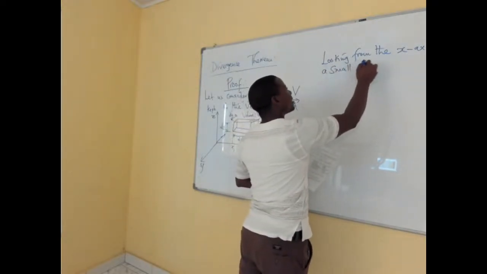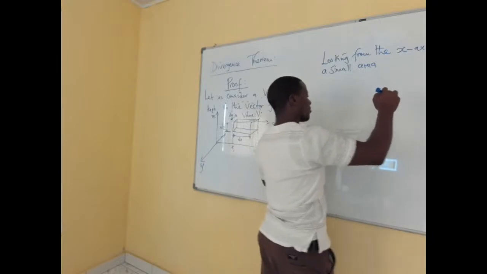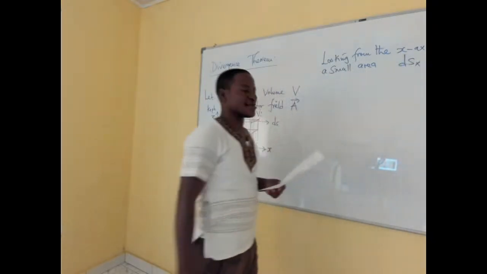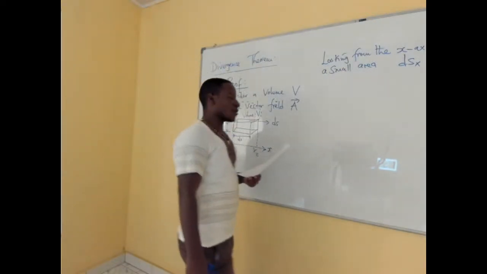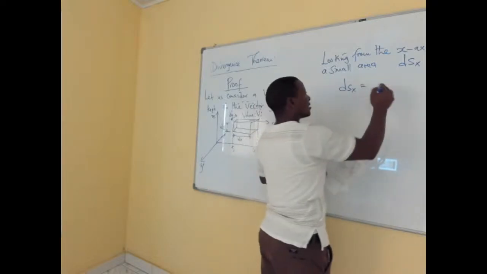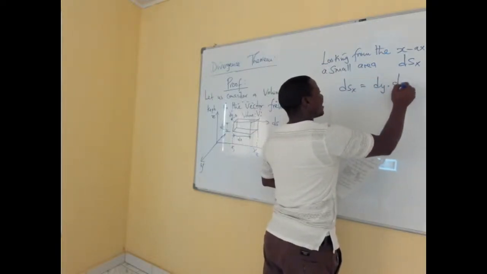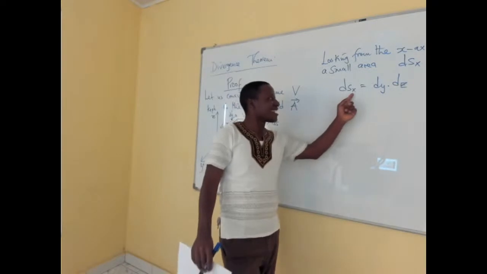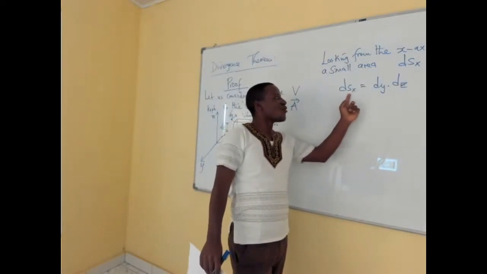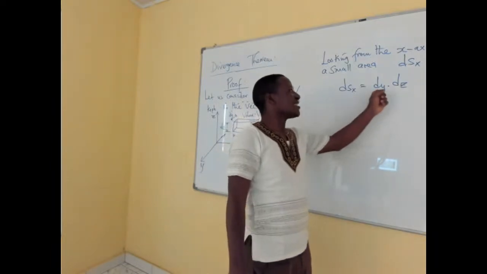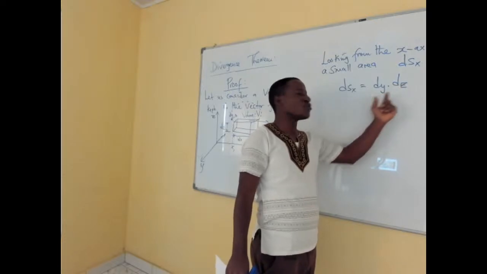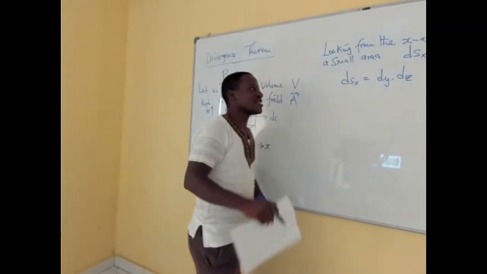This is a small area which we are calling dsx. This is defined as dy dz because it is in the x direction. When we want to define it, it has one component in the y and the other component in the z direction. So the product of the two must give you that small surface.